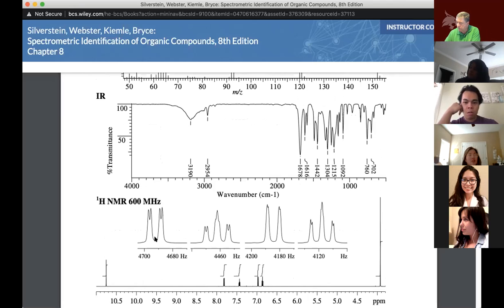Oxygens are neutral. I usually get this wrong, so I don't want to say, but I got 5 too. Yeah, me too. Okay, so 5 would account for a benzene ring plus a carbonyl compound, right?